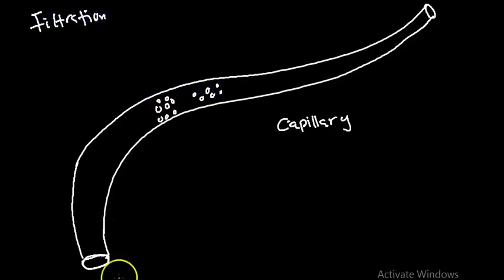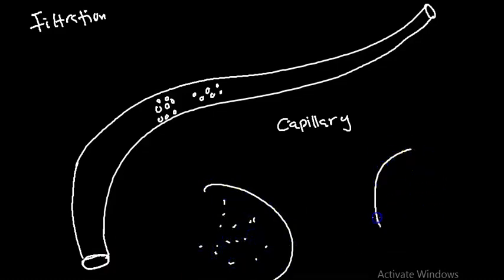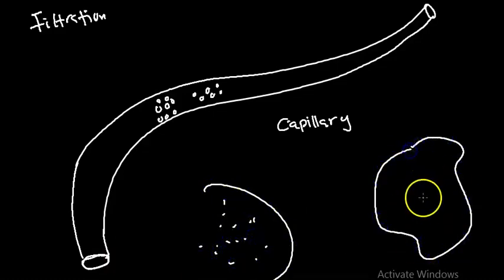If you notice here at the capillary, we have two openings, up and down here. And let's have this particular portion here to be our interstitial space. And here we're going to have our cell with the cell membrane, and here is the nucleus.